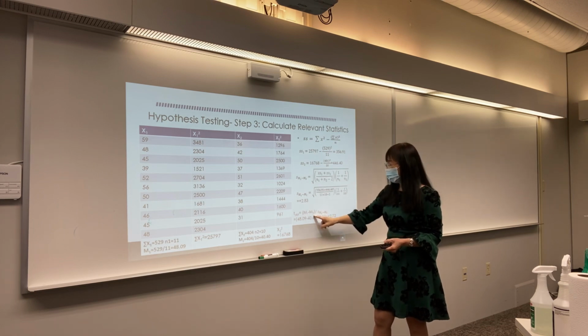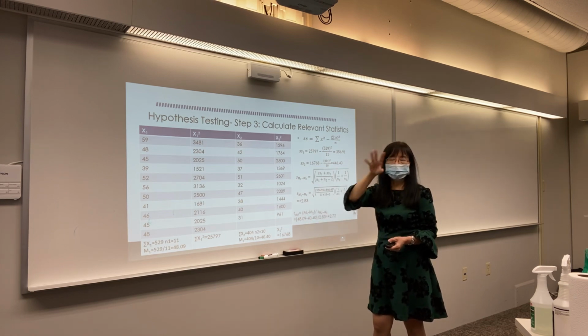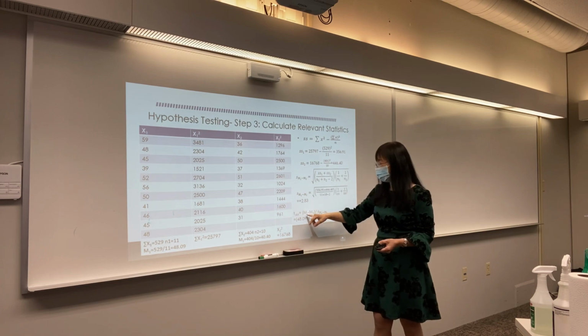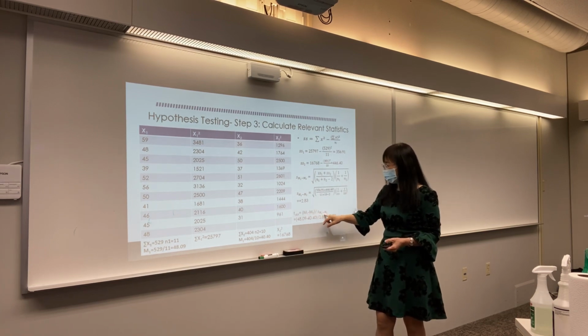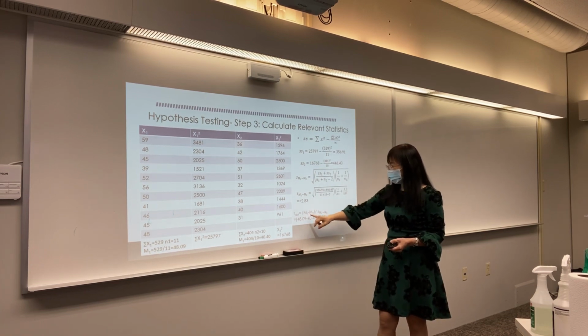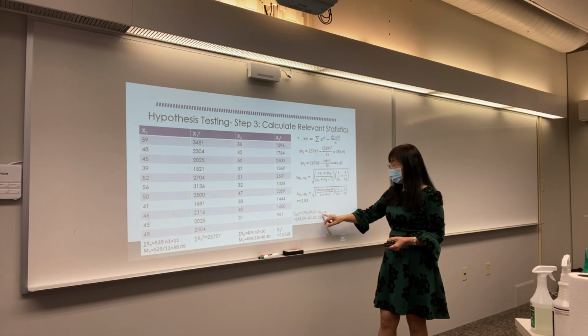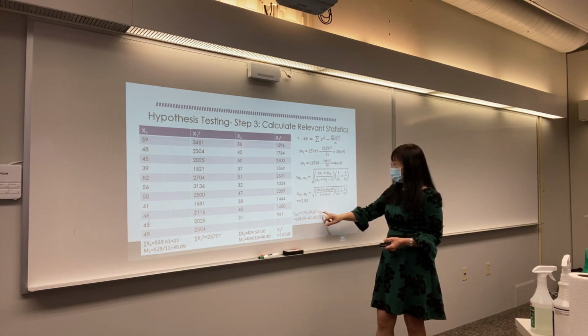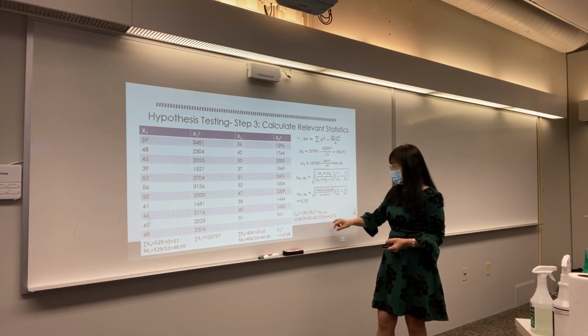Because I take pictures, I have no way to put the formula here, so I need to type this one. So it's M1 subtract M2 divided by the square root of sum of squares, the standard error of difference. Okay, so I get this number.